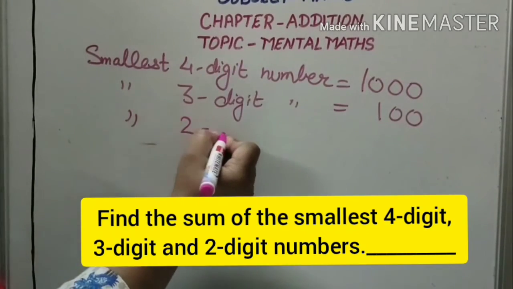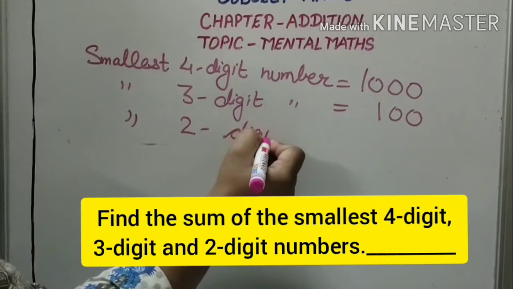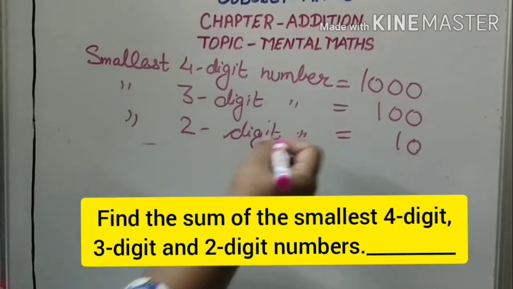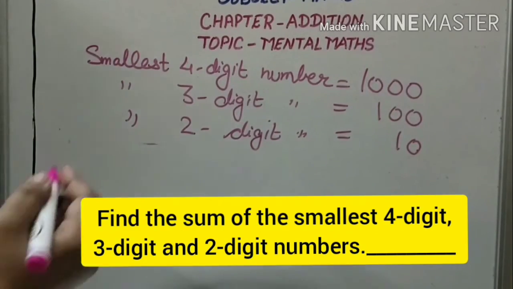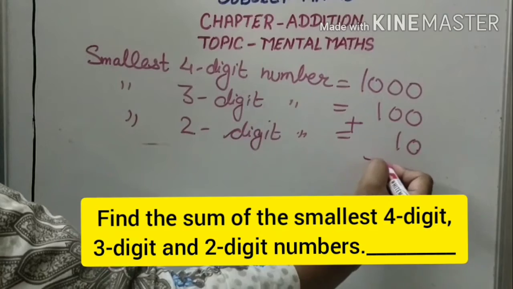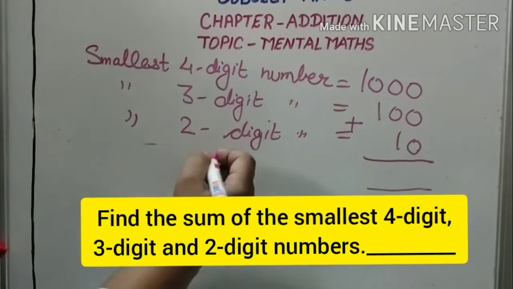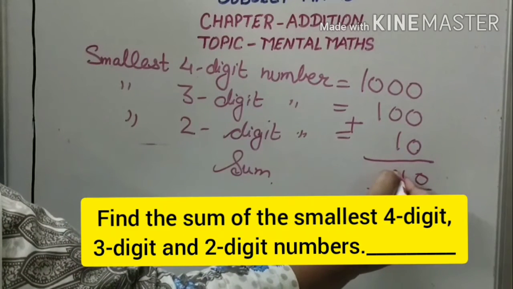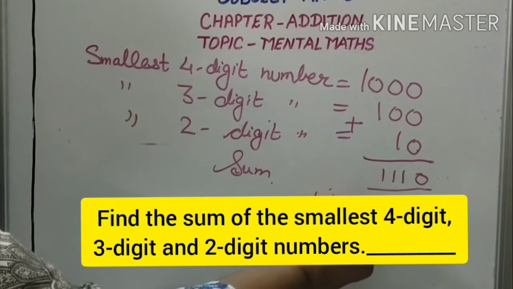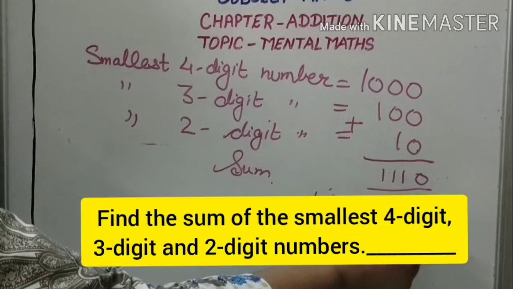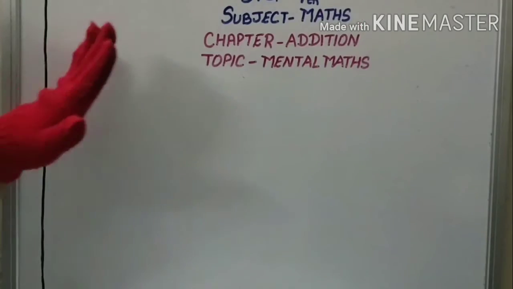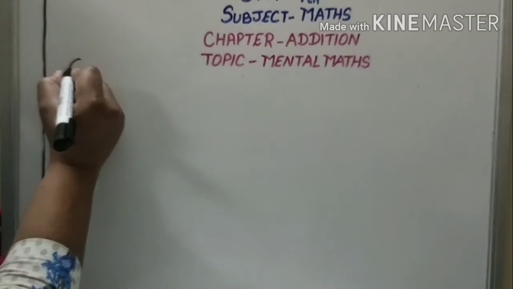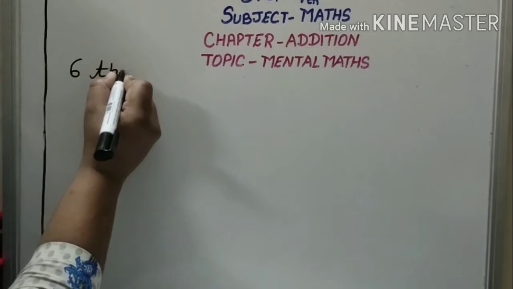Then smallest 2-digit number is equal to yes, 10. Now question is find the sum. We have to add all the 3 and we will get the sum of these 3 and our answer will be 1110.